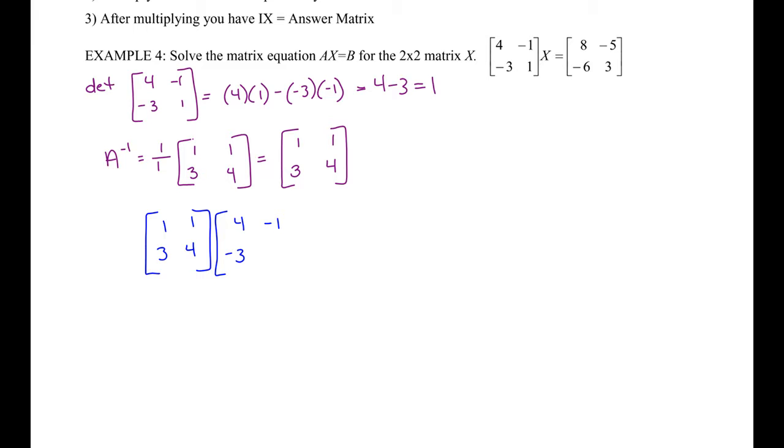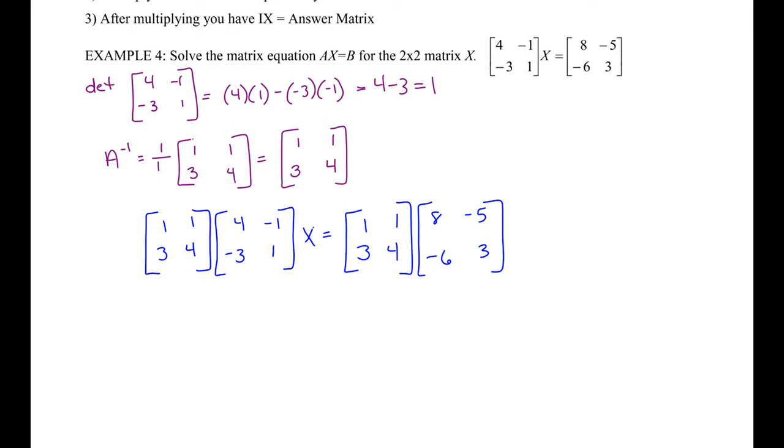And then our X is equal to the inverse matrix again, times 8, negative 5, negative 6, and 3. So we're going to go ahead and perform these multiplications again. Remember, you're going across the rows and down the columns.